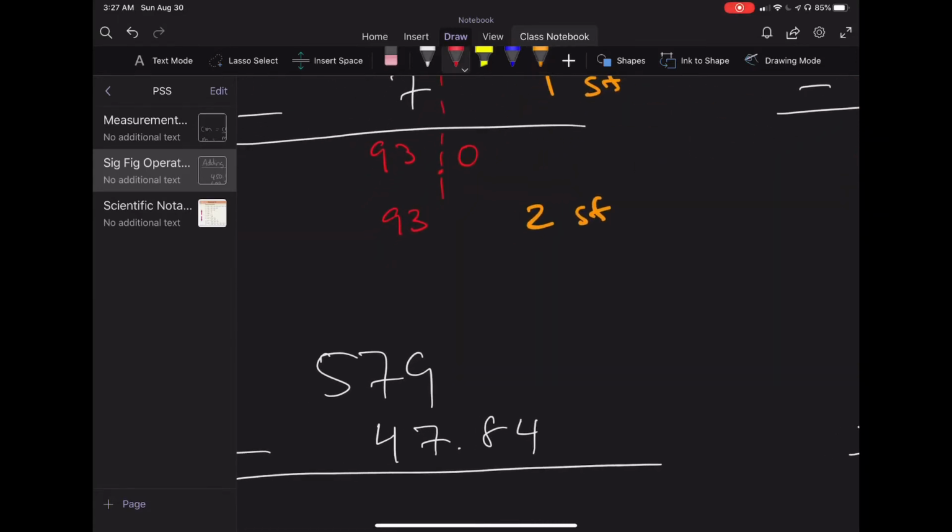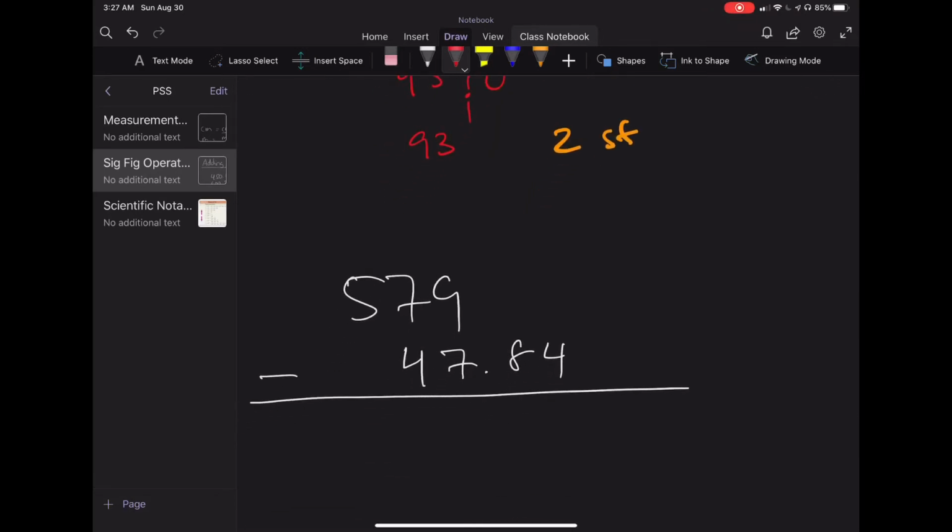Next example, 579 minus 47.84. We're going to put our dotted line right here. So calculator time, 579 minus 47.84. We get 531.16.